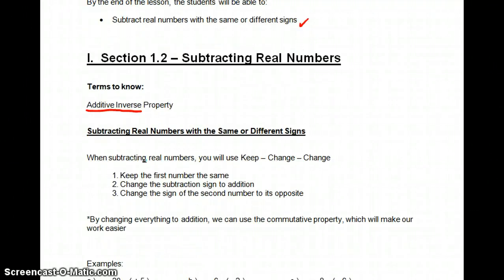Now, there are 3 rules that I have for you in order to help you subtract real numbers. And this is, over the years, what I have found to work best when it comes to having to subtract numbers without a calculator. And I call it keep, change, change. Little kind of rhyme, if you will, that helps me to remember the 3 steps for subtracting.